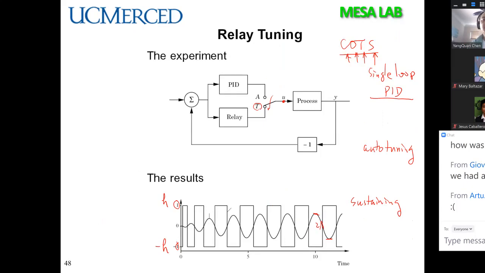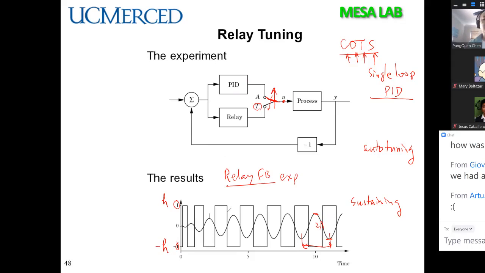So the idea is basically you do a relay feedback experiment. Then you extract the peak-to-peak value and also the period of oscillation. Then you will be able to set the PID. Then you turn back, and it can automatically return the PID.